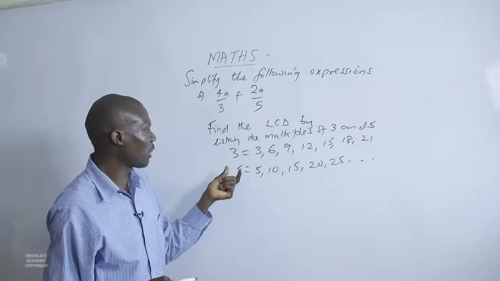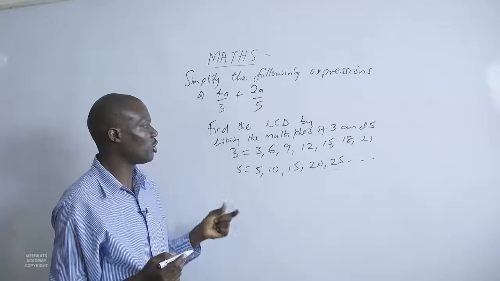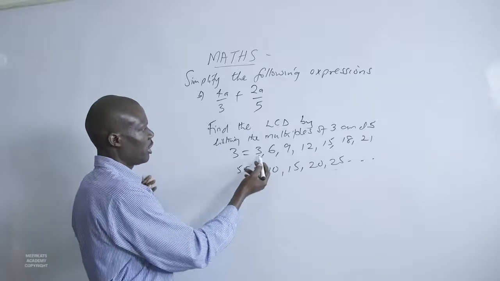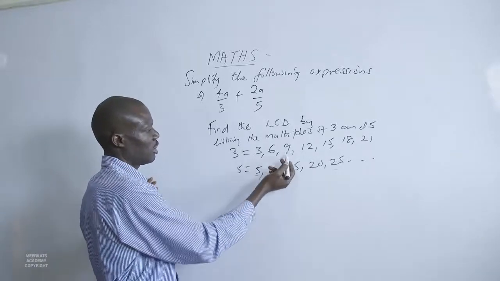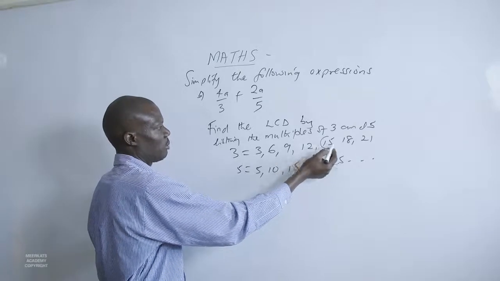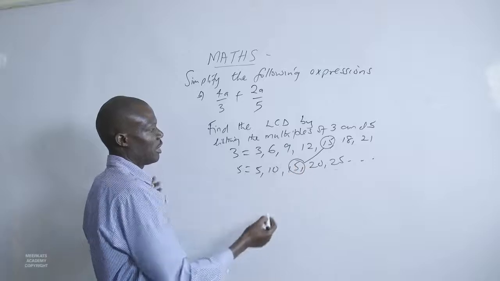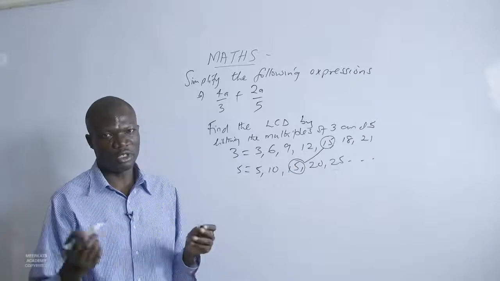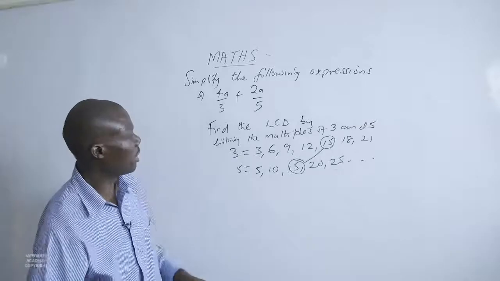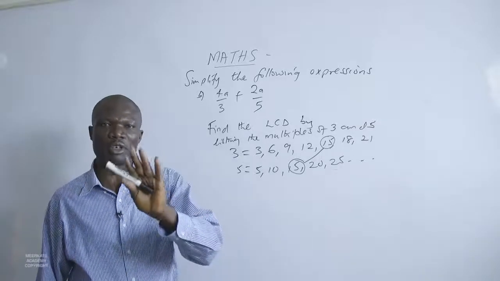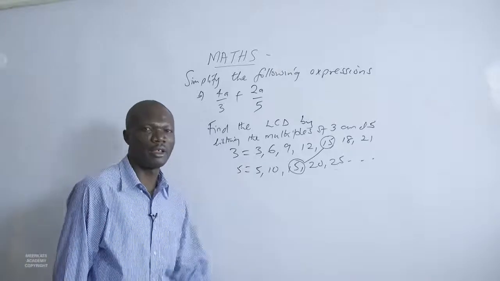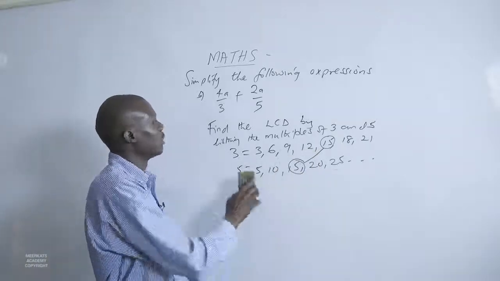From here, which one forms the least multiple? 3 is not here, 6 is not here, 9 is not here, 12 is not here, 15, yep, we have 15 there. So our lowest common denominator is 15. So we can go back and proceed with our answer, having known our lowest common denominator as 15.